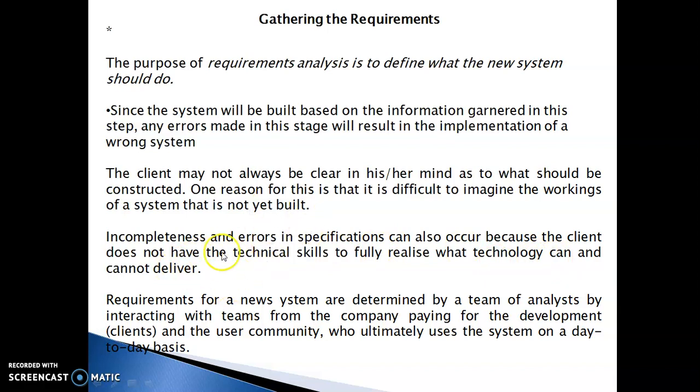This point is written considering that a person goes to a software industry and gives certain requirements. A person who is non-technical, with no computer knowledge, may skip some of his requirements. At that time the developer will not come to know that, and there may be a chance of mistakes in development.